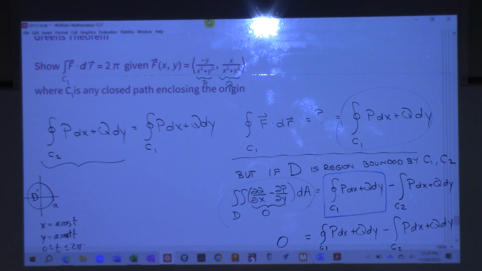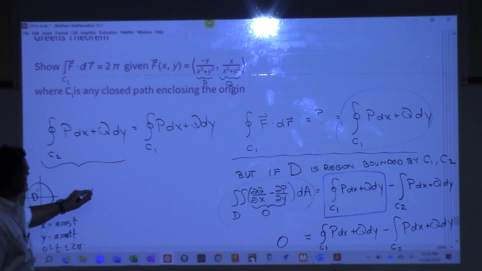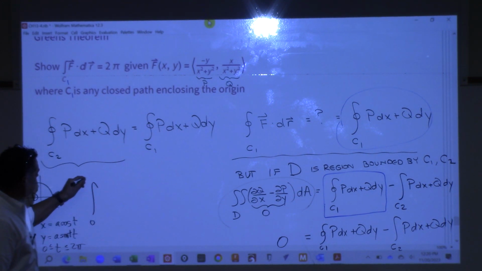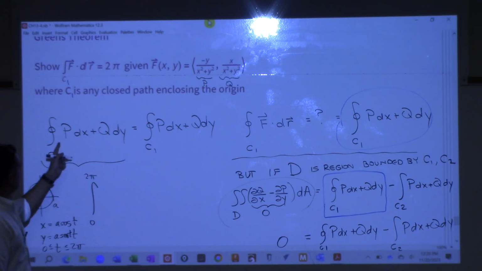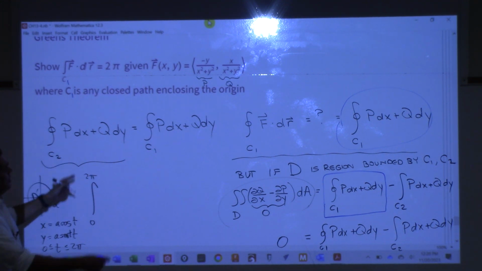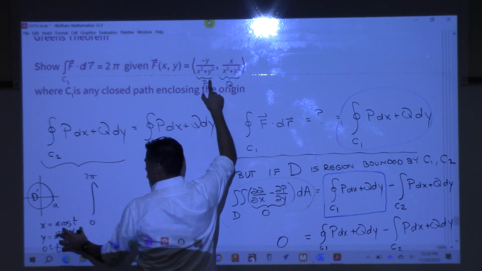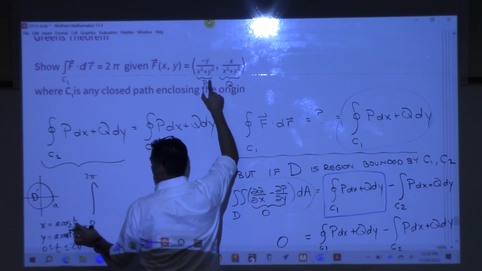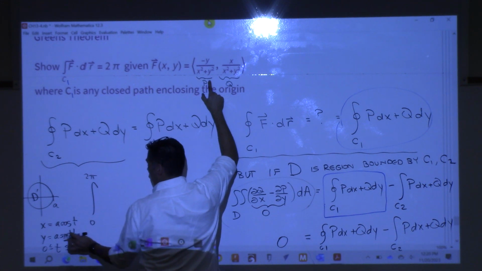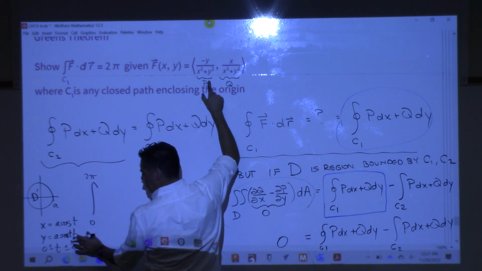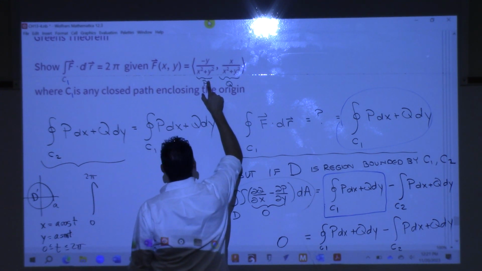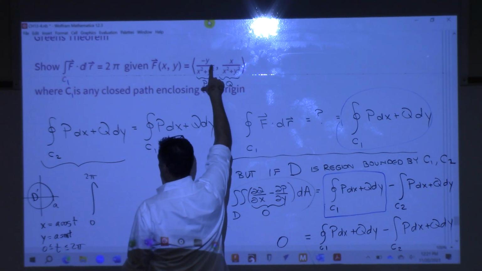Let's try just the direct computation. It looks terrible, but let's just try it. If we just did this integral right here, it would go from 0 to 2 pi, right? What's P? It's this, right? But you have to replace all your x's with a cosine t and all your y's with a sine t. All right, what's the top?